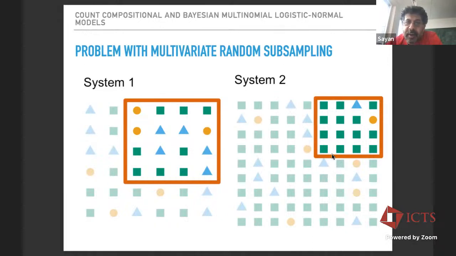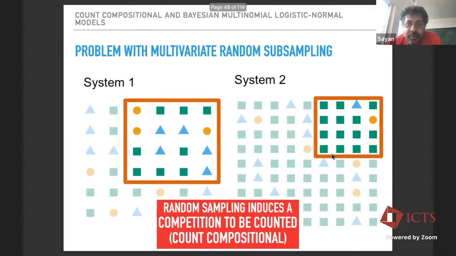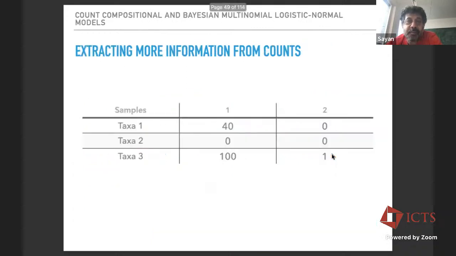Let's say we have system 1 and system 2, and they both have very similar distributions of what's in the bag. But because of their size, something very different could happen. So random sampling induces competition to be counted. This is called count compositional. So the question is, can we pull out more information from counts?